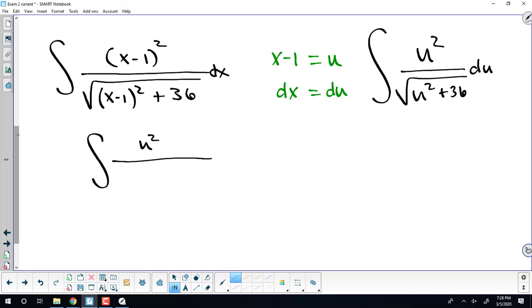The way we're doing it is we're just factoring out first. So we're factoring a 36 out of u squared and the 36, under the radical, so we get that out completely as 1/6. And then we have the square root of u over 6 quantity squared plus 1.